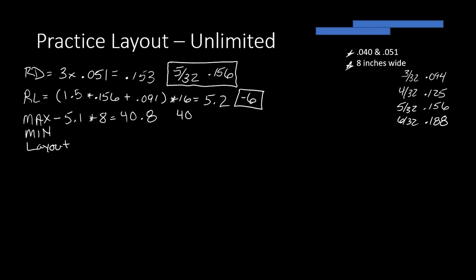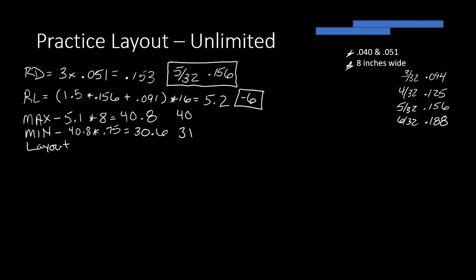For my minimum, I'll do that original number times 0.75, so 40.8 times 0.75 gets me 30.6 rivets.